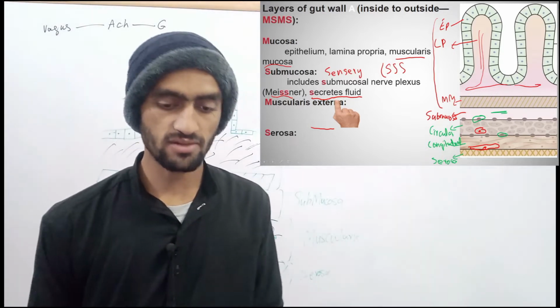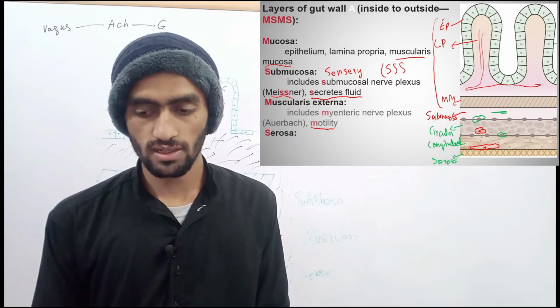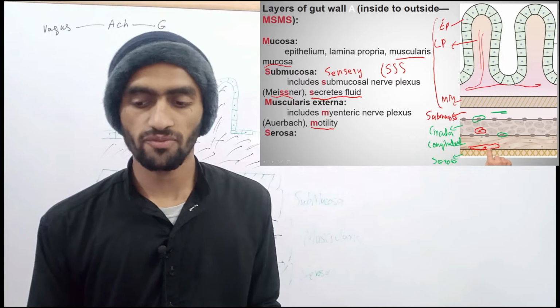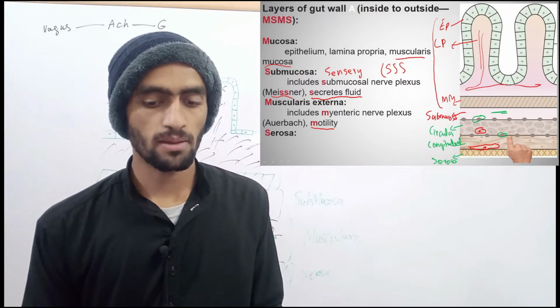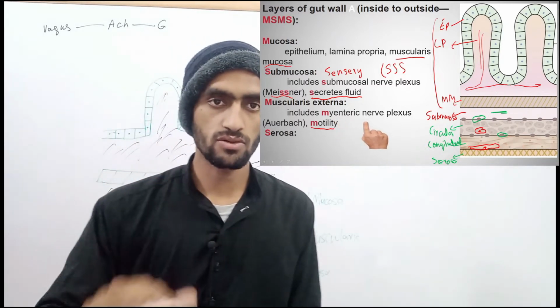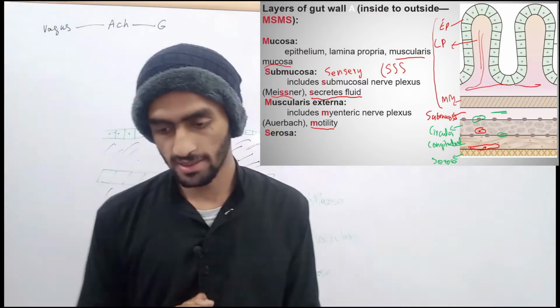Then muscularis externa, which has two layers. The inner one is circular and the outer is longitudinal. Between these two layers, we find another nerve plexus. We call it the myenteric nerve plexus or Auerbach nerve plexus, which controls the motility. Muscularis externa, motility.